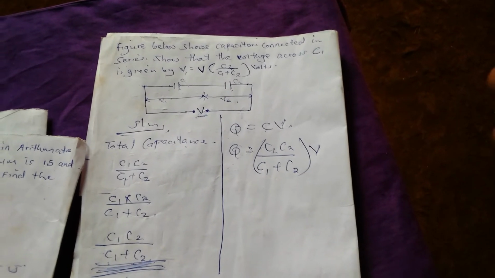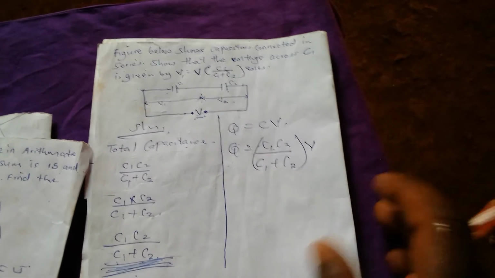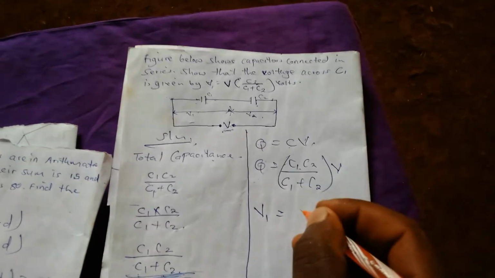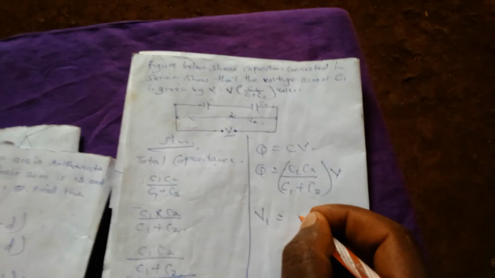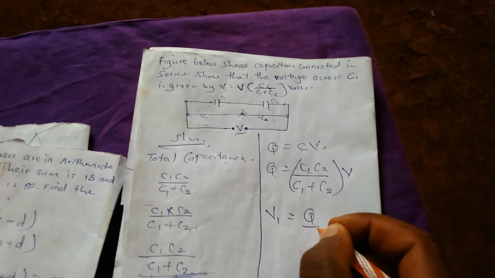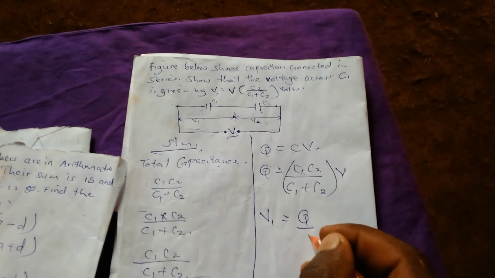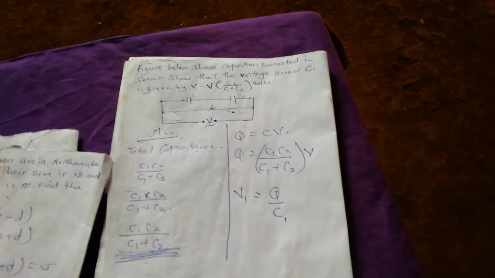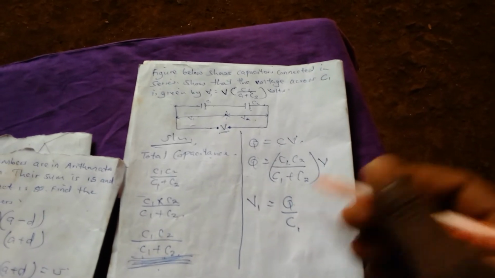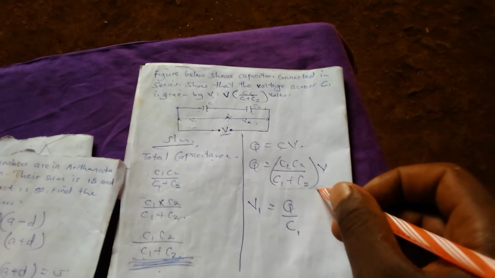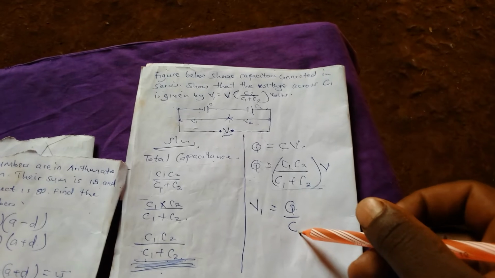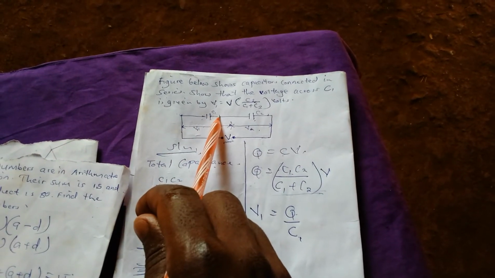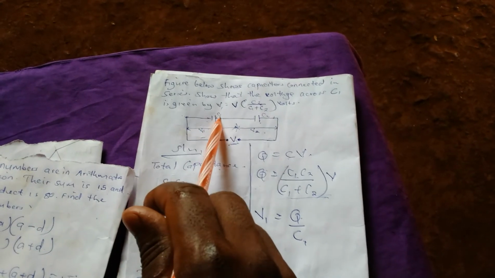Then the last step is to find V1, which is given by Q over C1. V1 is given by the total charge divided by C1.